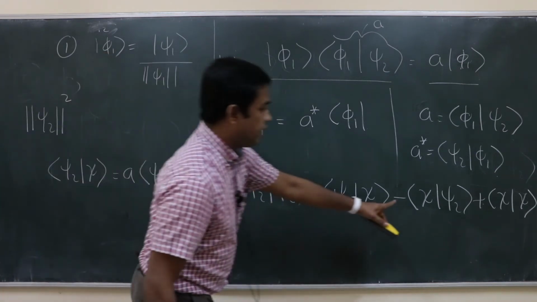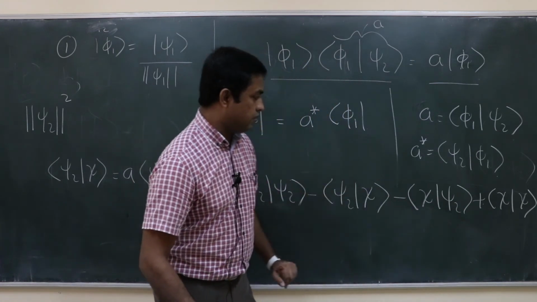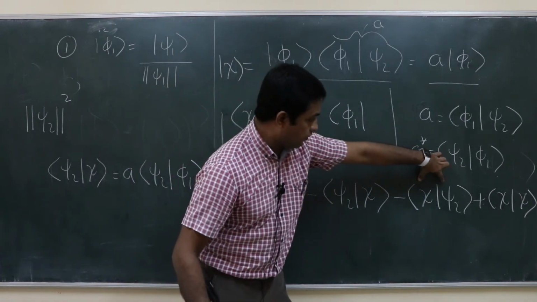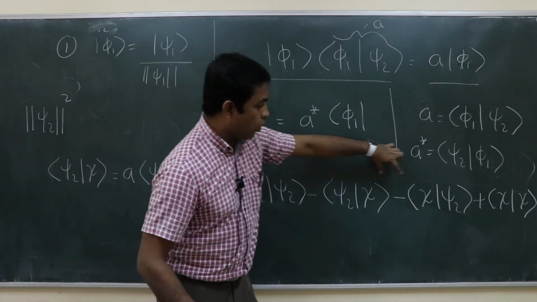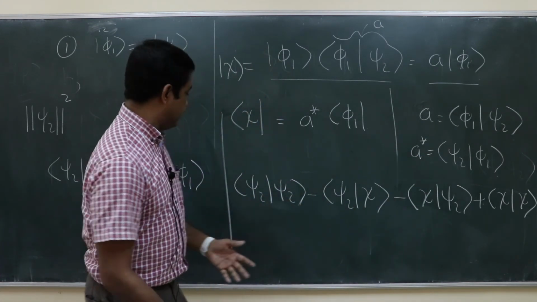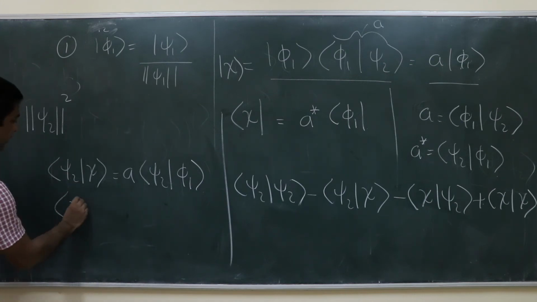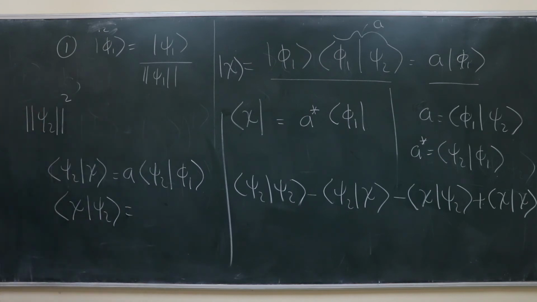So next quantity is bra chi psi 2. So what is the relation between this one and this one? This quantity and this quantity. What is the relation? Conjugate. So this one is a conjugate of this. So I don't have to calculate this. I already got this one. So what you can now write down immediately is the answer for this.